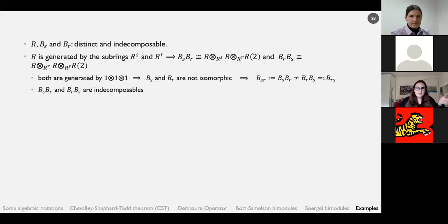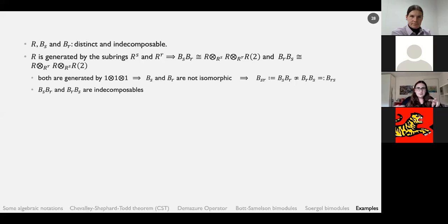But in the first, B_S B_R, we first take the tensor product over R^S and then over R^R, and for B_R B_S it works in the opposite way.